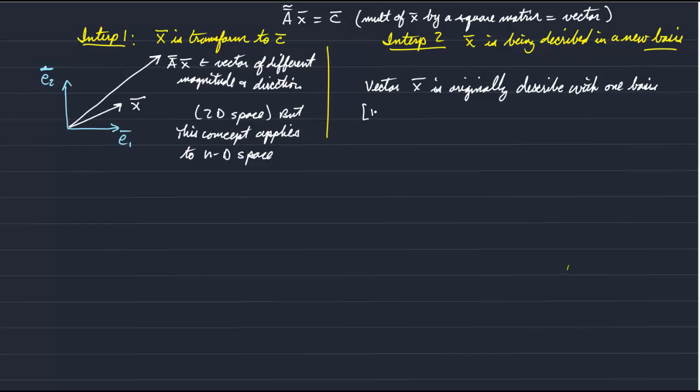And in that basis, we would write vector X as X bracketed with a lowercase b to describe x in one basis, but then x is described in another basis.